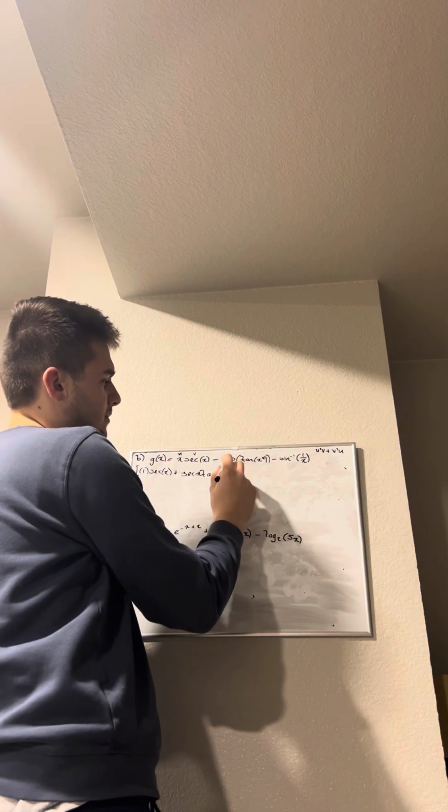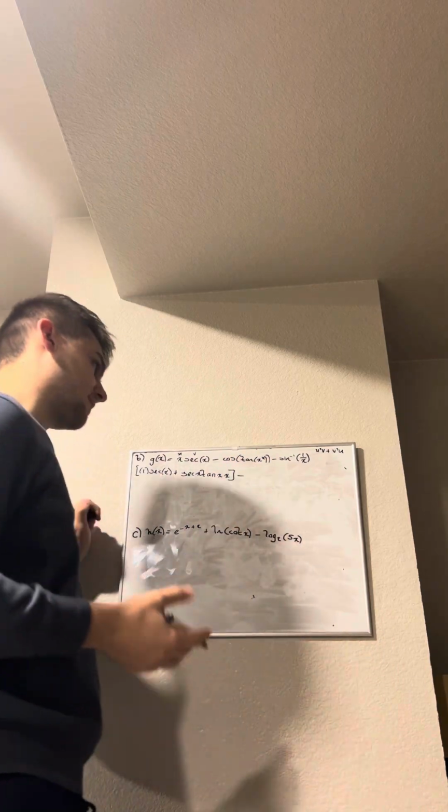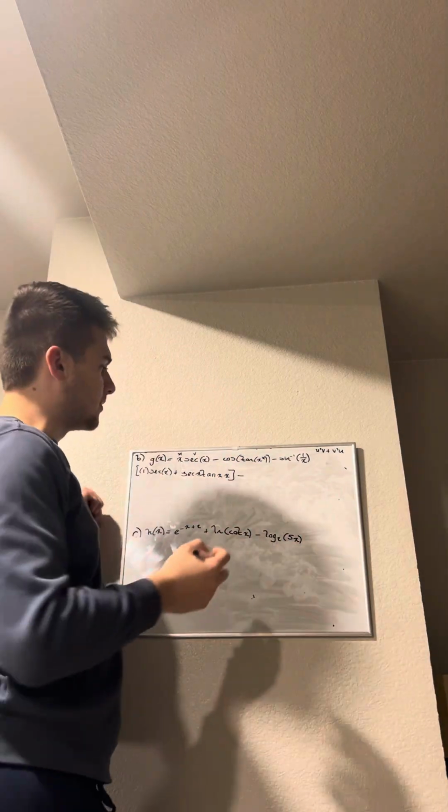And then the second term, which is cosine of tangent of x to the 4. In this case, we would have to use the chain rule.